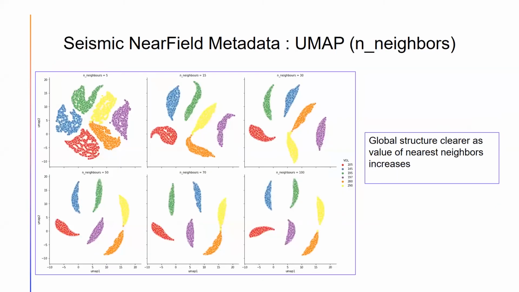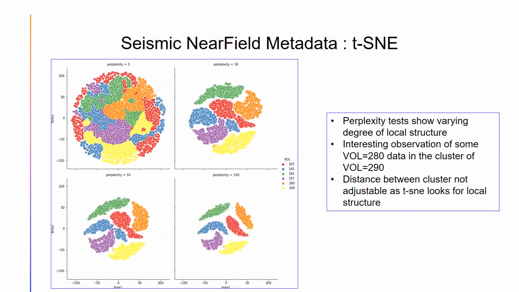But with UMAP, if you remember, there are 2 parameters that you test, and even with just one of these parameters in testing, we can already see. Oh, sorry, I should mention t-SNE clearly demonstrates that there's local structure in the data when projected into 2 dimensions, because you can see the classes of airgun volume separated quite easily.